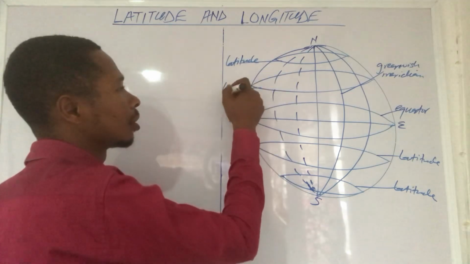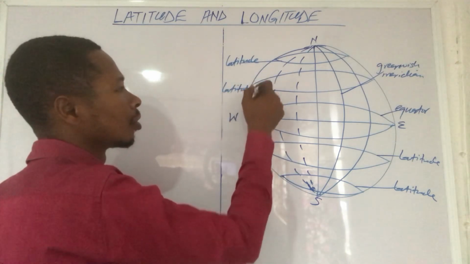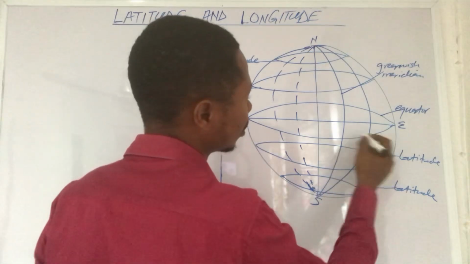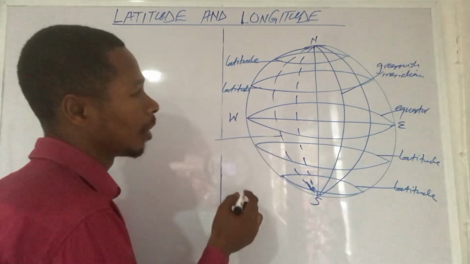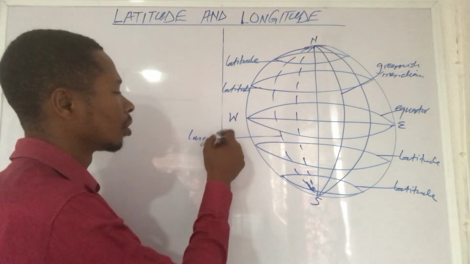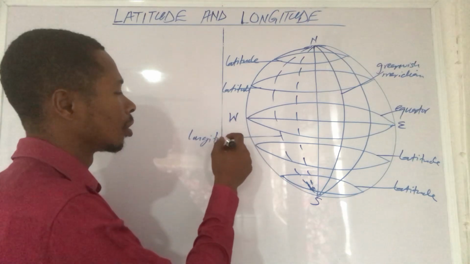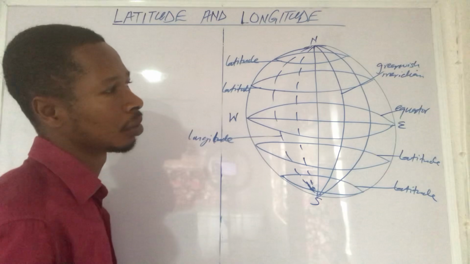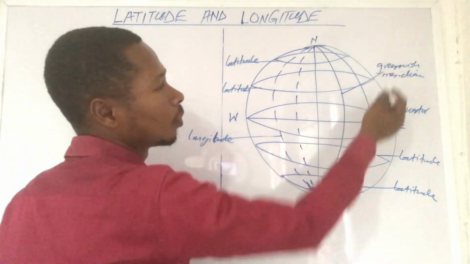This is another latitude. So those are latitude. While this one is our meridian or longitude. So this is longitude. The first one is the Greenwich meridian.